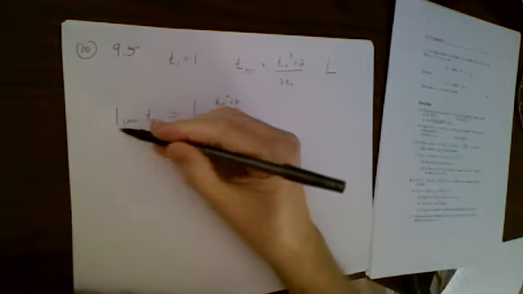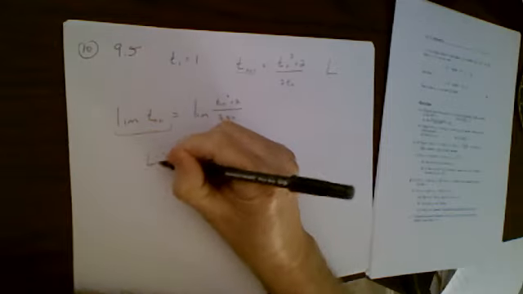Now, the limit of the original sequence, the limit of the t sub n's, is the same as the limit of t sub n plus 1. It's just that the sequence is always one step ahead. So since we're told the limit of the original sequence exists, this is equal to L. And the problem we just did basically said, as long as we know the original sequence converges to L, we can just plug L in here, as long as the top has a limit, the bottom has a limit, and so on.